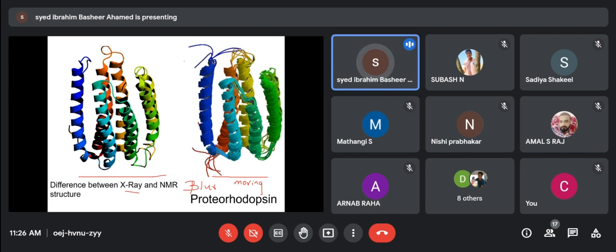When the object is moving, you have to take several photographs, and you try to overlap all these blurred images, right? And then you will get an average image of that. That's what you can do, right? When you're trying to take a photograph of a moving object, you take several snapshots and then average them so that you get an image. So that is exactly what happens in NMR spectroscopy.